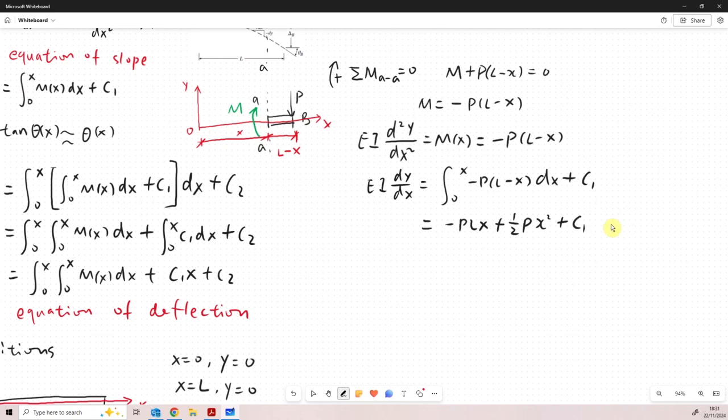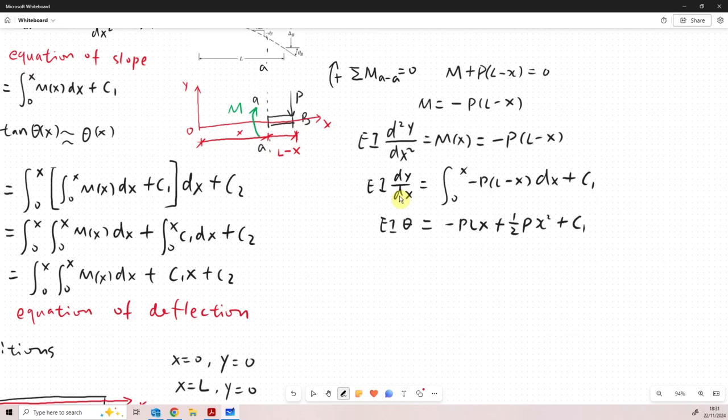Here dy over dx is the slope, which is approximately equal to the rotation, so EI theta equals this equation. This is the equation for the slope, or the rotation.